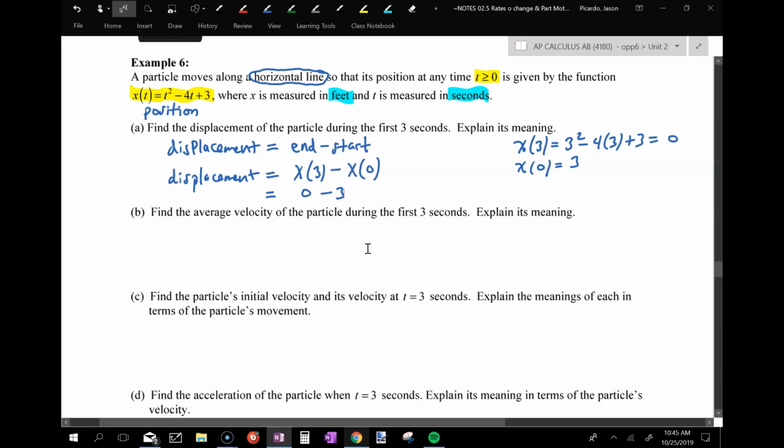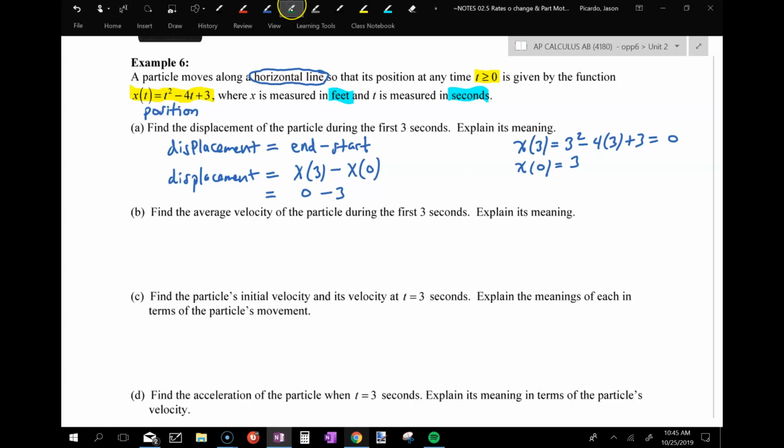What did the particle do? It definitely moved, right? Moved where? Left, how much? 3 units, right? How long did it take? 3 seconds, right? So again, if I'm asking you to explain what's happening, let's be really specific, right?